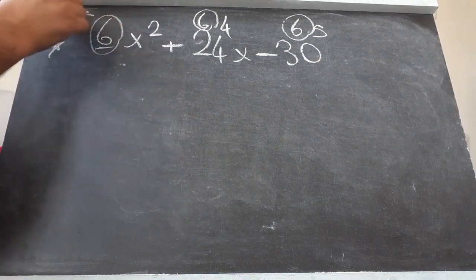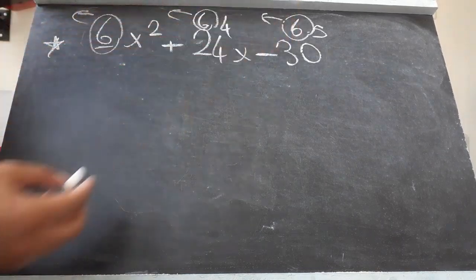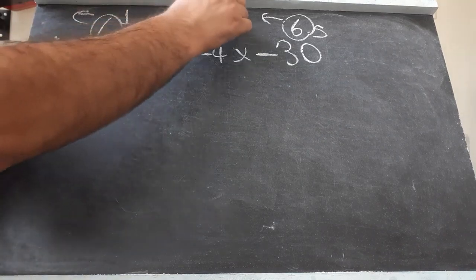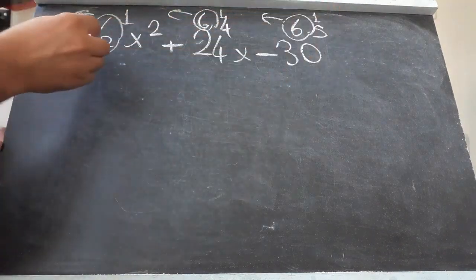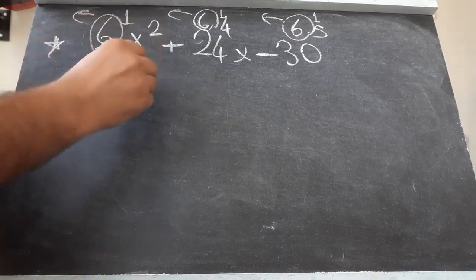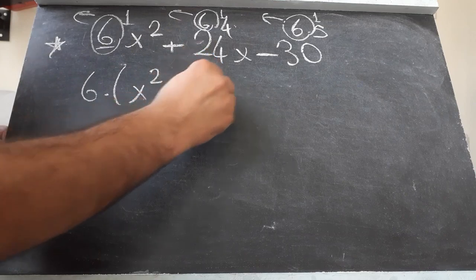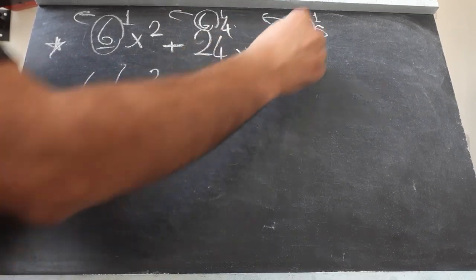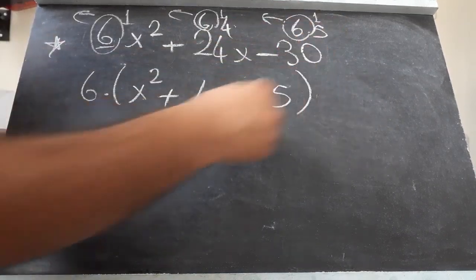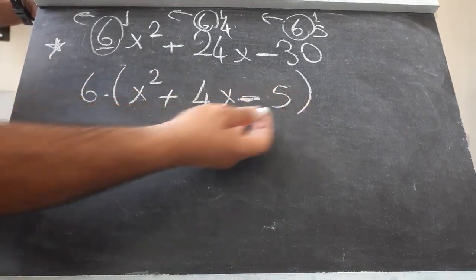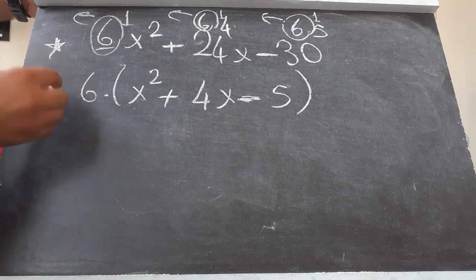When you take them out, remember from the beginning of factorization, you put 1 instead of the numbers or letters you took out. That will be 6 times (1 times x squared plus 1 times 4, 4x, minus 1 times 5, 5). Okay, so now look, it is much easier. I'm going to just find factors of them and times 6.